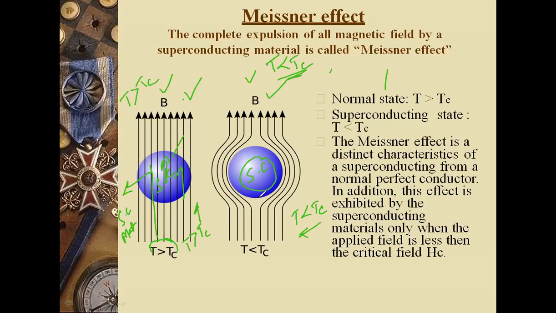The field lines don't go through the sample, they are repelled; the material does not allow the field lines to pass through it. This is called the Meissner effect. The complete expulsion of all magnetic field by a superconducting material is called the Meissner effect. Everybody should keep this in mind so you don't forget. I'm trying to explain with the help of diagrams.